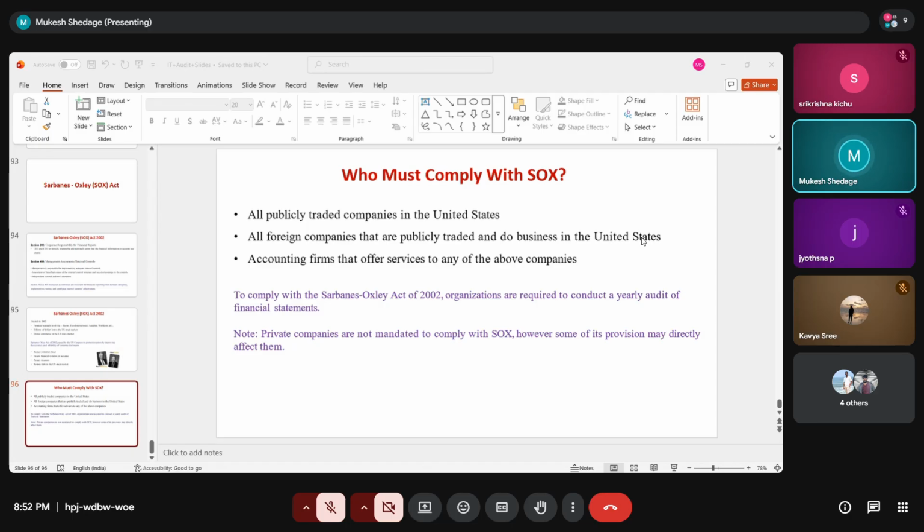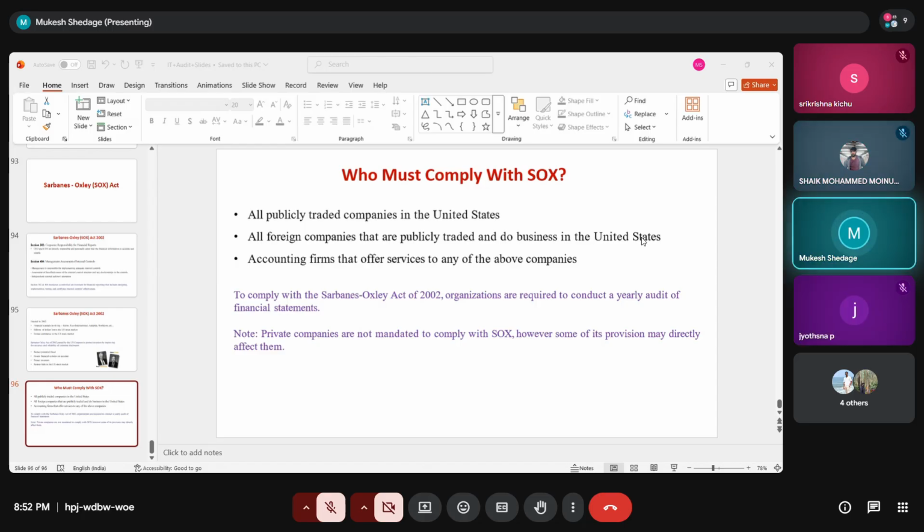Now, if someone asks you whether you are doing SOX ITGC control testing, what will you say? Yes. If someone asks you, are you doing SOC 2 control testing?